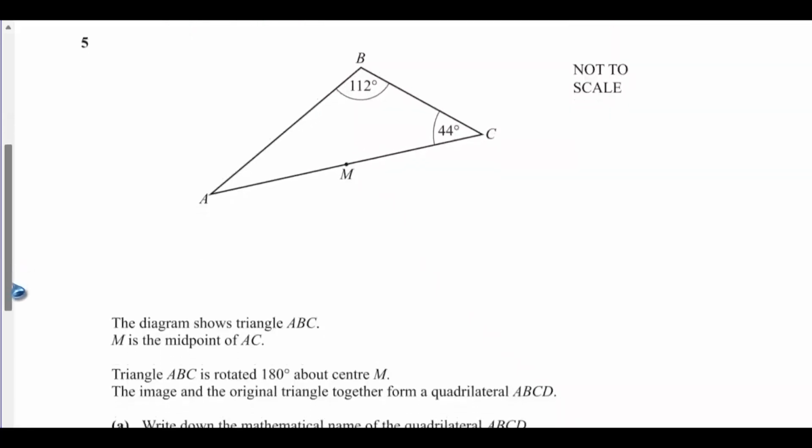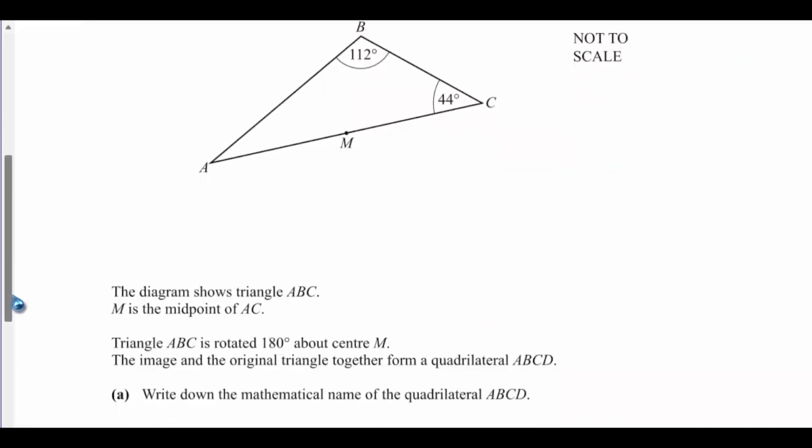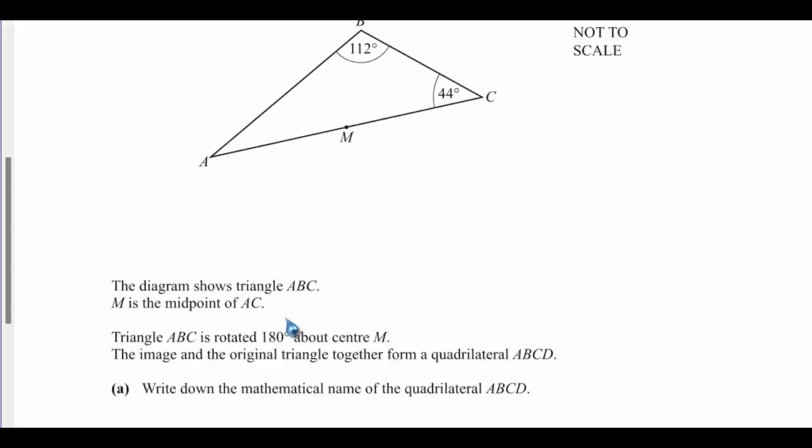Question 5. The diagram shows triangle ABC. M is the midpoint of AC. Triangle ABC is rotated 180 degrees about center M. The image and the original triangle together form a quadrilateral ABCD. Write down the mathematical name of the quadrilateral ABCD. If this triangle is rotated about M, about this point 180 degrees, the image will be facing this object.